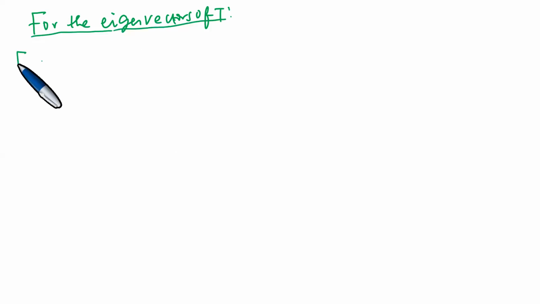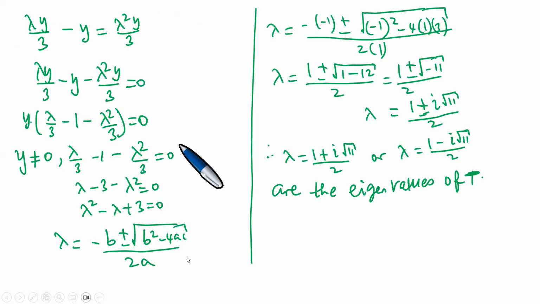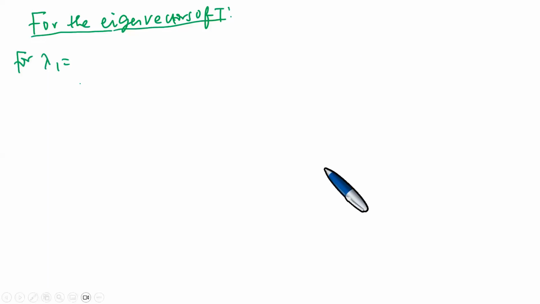So for lambda 1, for argument's sake, one of them, the one with the plus, 1 plus i the square root of 11 out of 2.